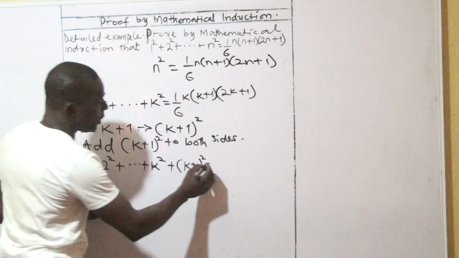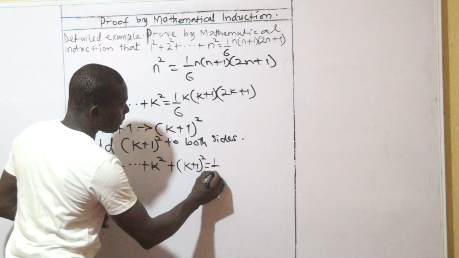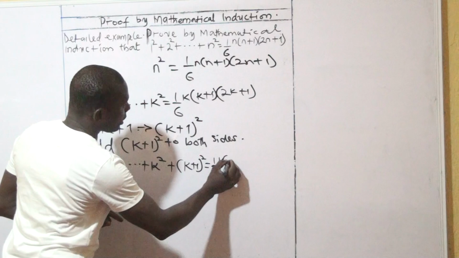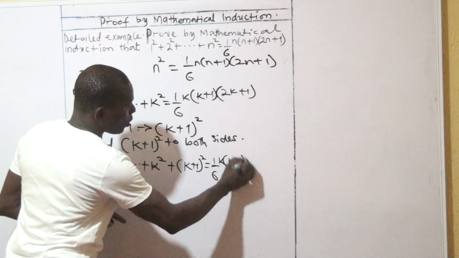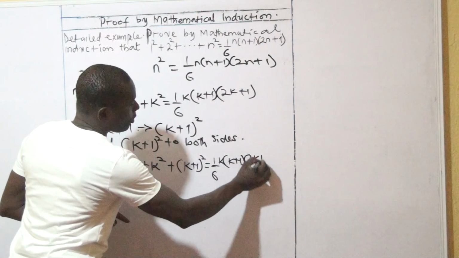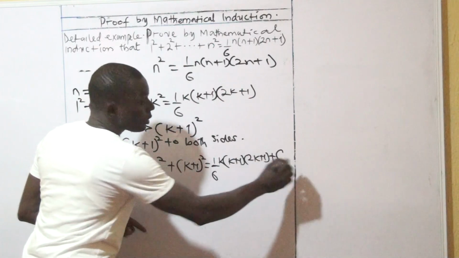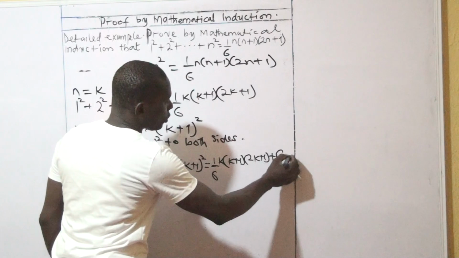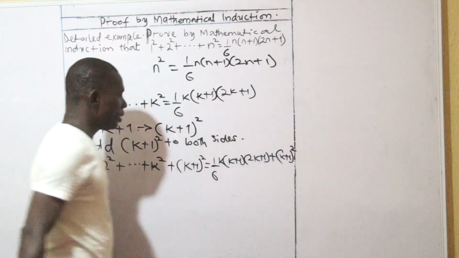Then on the right hand side we have 1 over 6, and this term is already here before: k times k plus 1 times 2k plus 1, plus k plus 1 all square.